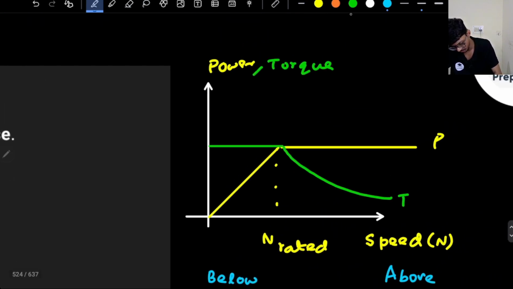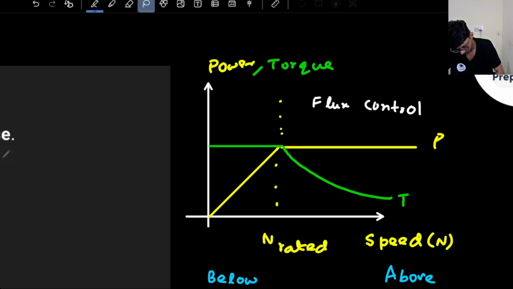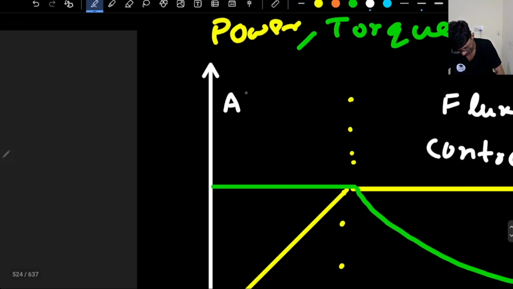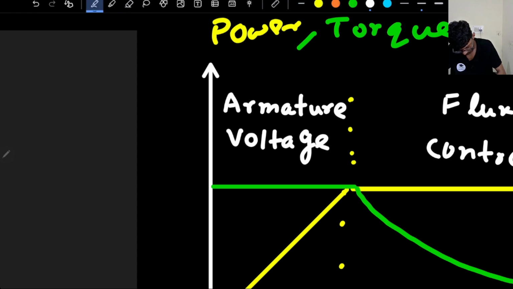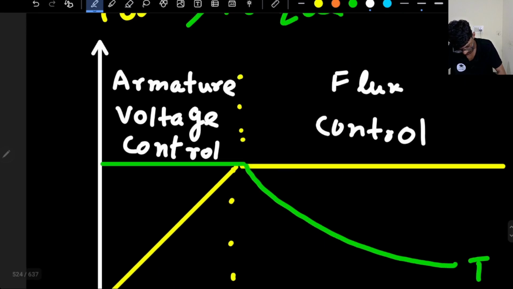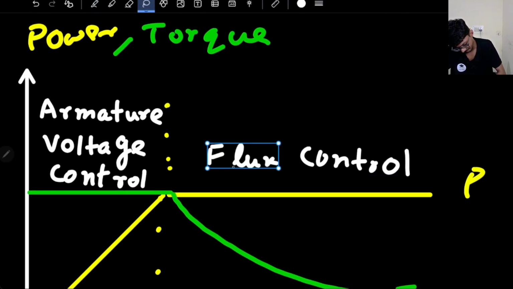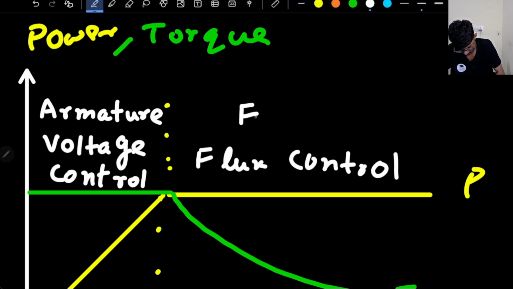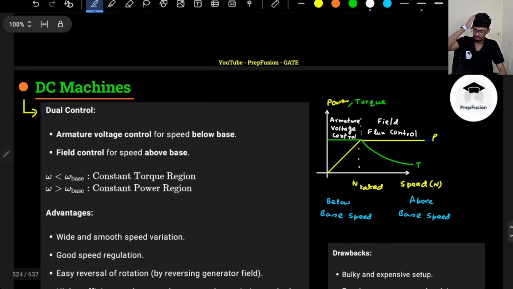So this portion is the flux control, and this portion is the armature voltage control. Okay, so I hope you have understood this point.